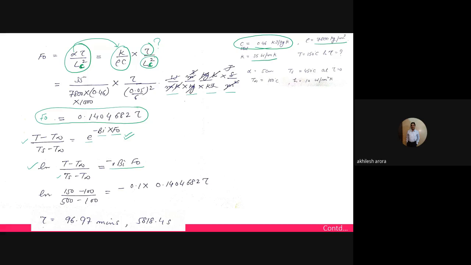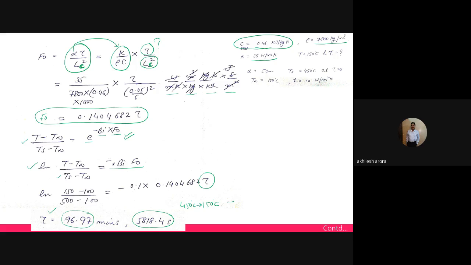So the only unknown in this particular equation is tau. And this tau is calculated as 96.97 minutes, which is actually 5818.4 seconds.